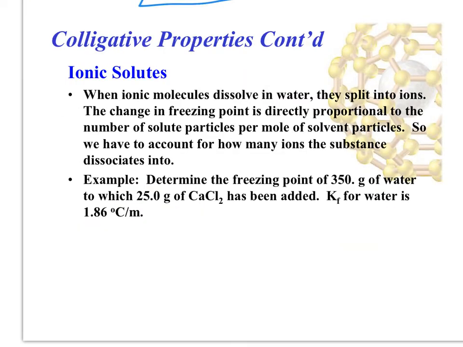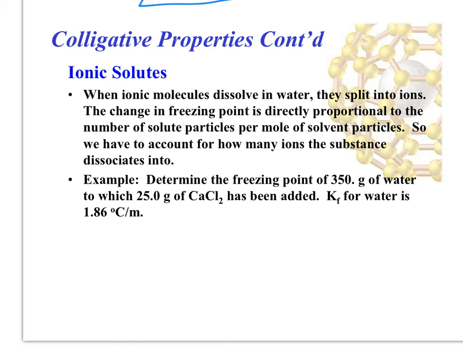So as promised, we're going to talk about ionic solutes now and look at the I that we kind of ignored the last three problems. So remember that when ionic substances dissolve in water, the ions dissociate. Let's say you have NaCl, for example.